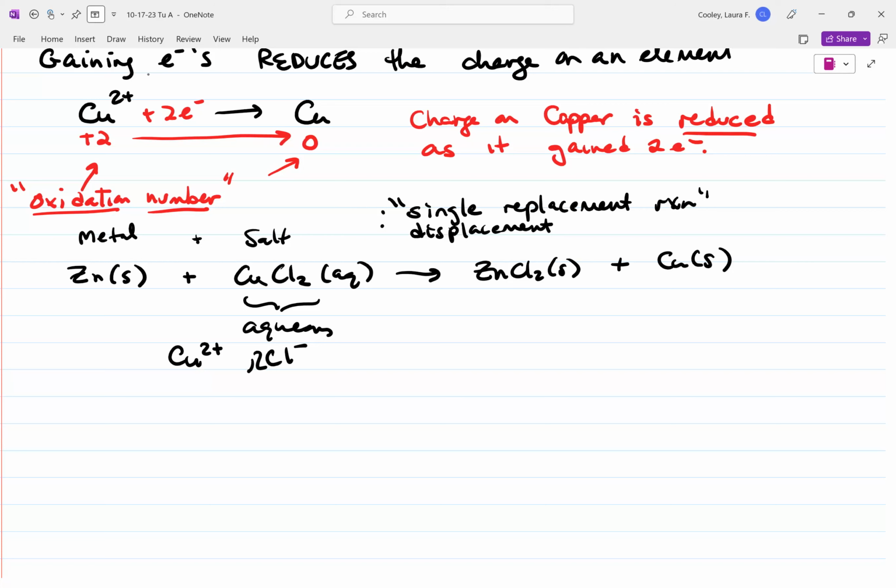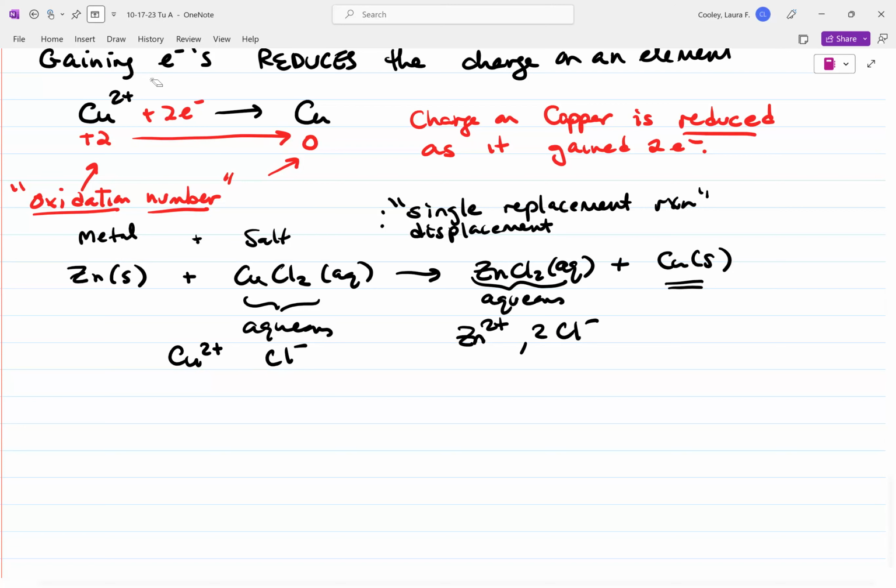And over here, this shouldn't say solid here. How come you're not getting your gotcha points out there, you know? This is a solid here, okay? This is aqueous as well. So this is zinc ions and chloride ions.